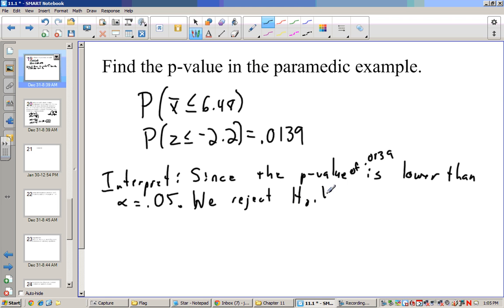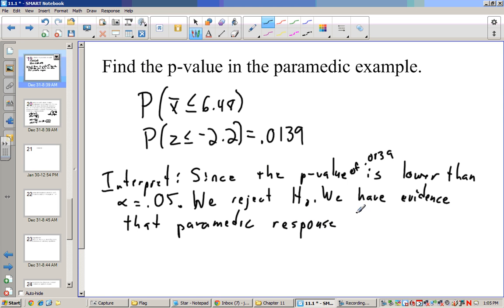So that means we have evidence that paramedic response time reduced. So we're just having evidence.